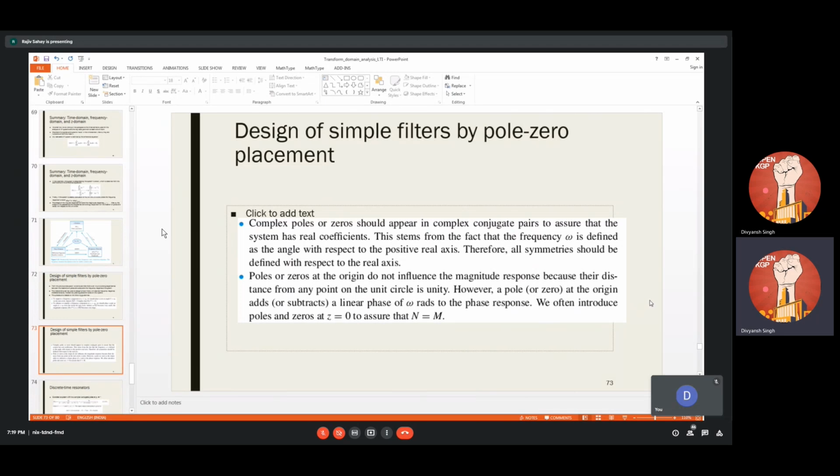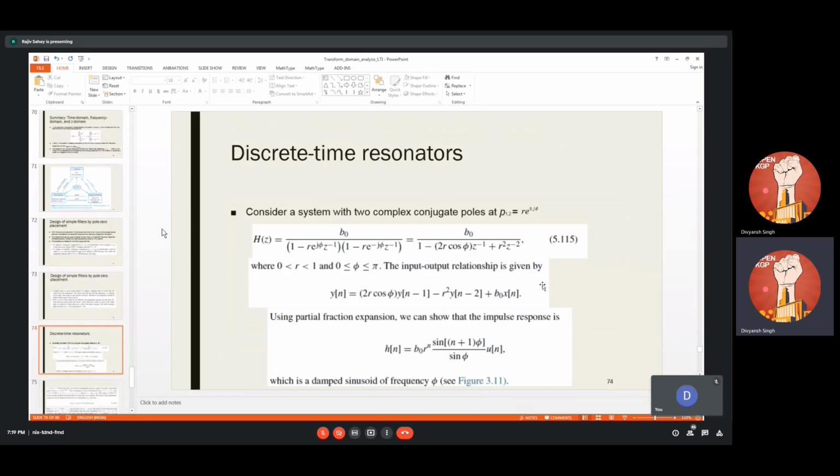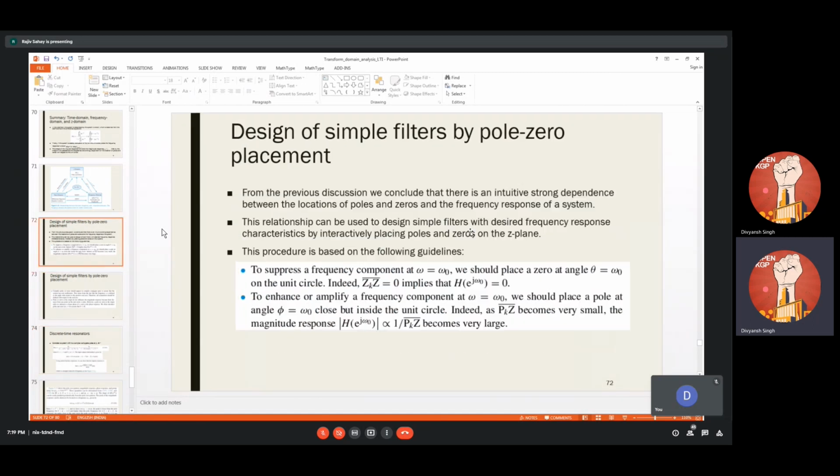So this is the summary of design of filters. So we will start with this filter, discrete time resonators, where we are going to consider two complex conjugate poles.